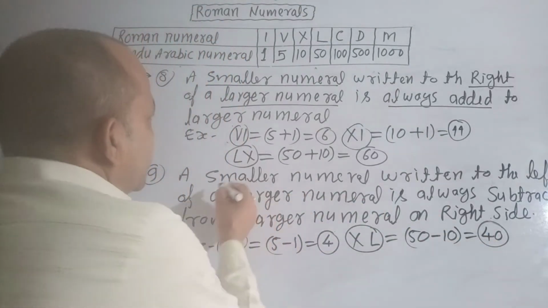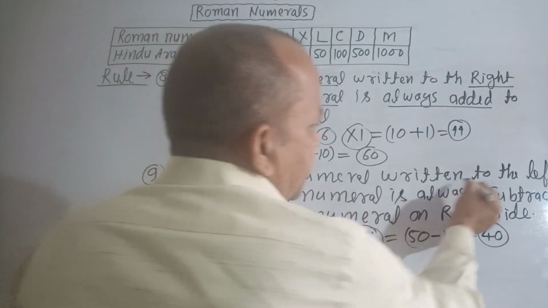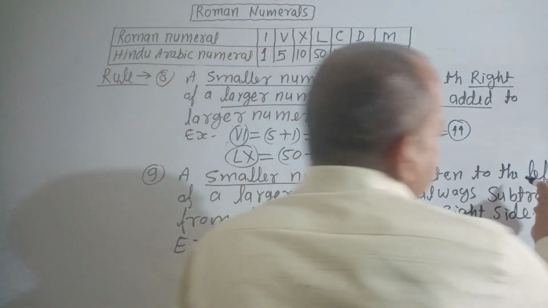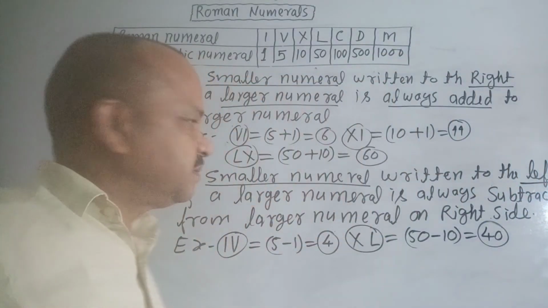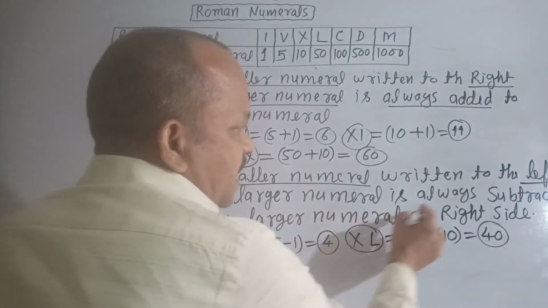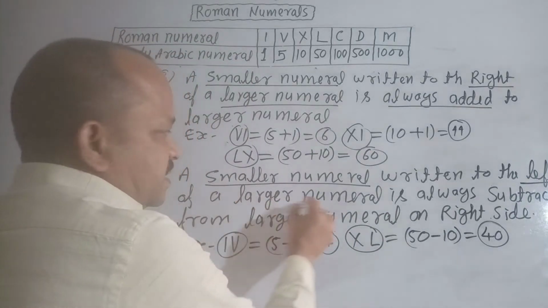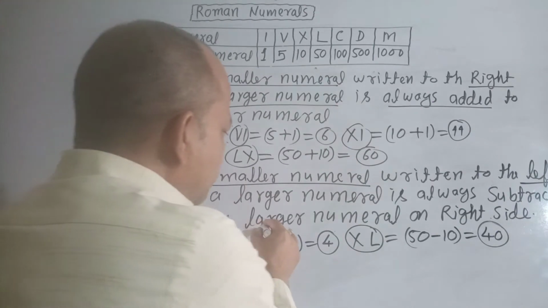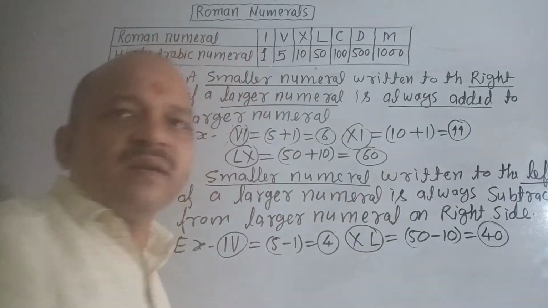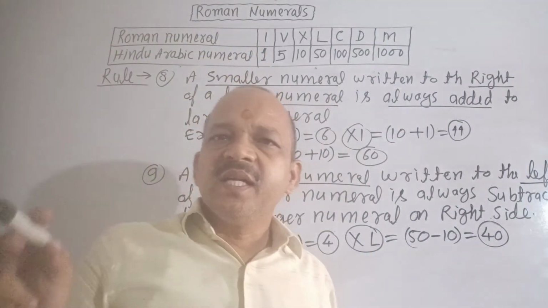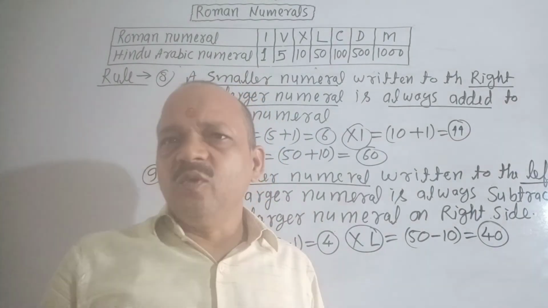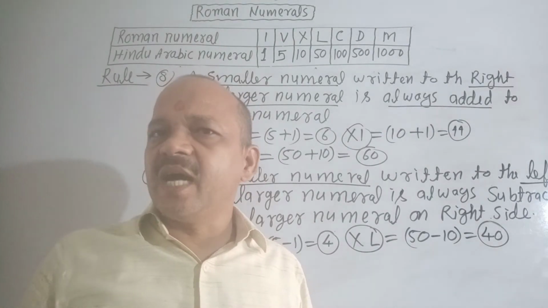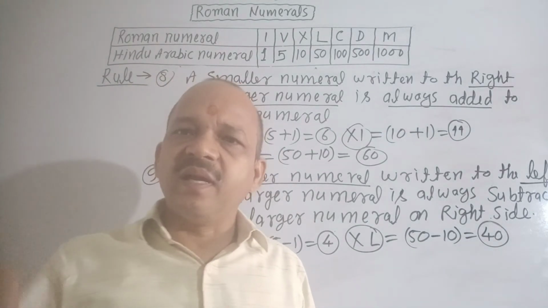Rule: a smaller numeral written to the left of a larger numeral is always subtracted from the larger numeral.